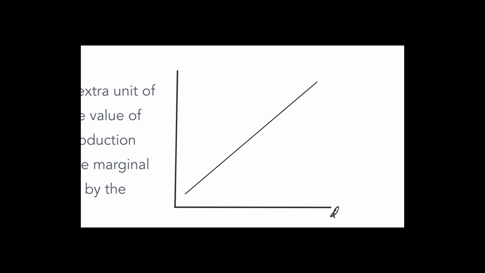So, from the cost point of view, this is my marginal private cost. For this quantity, let's assume the cost that producers have to bear is 400.